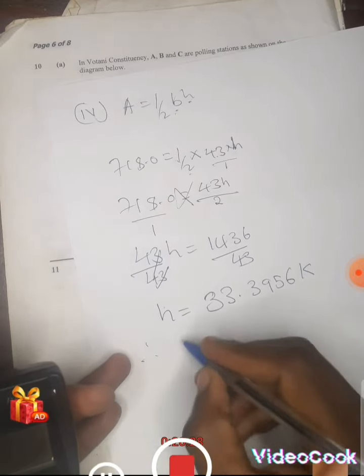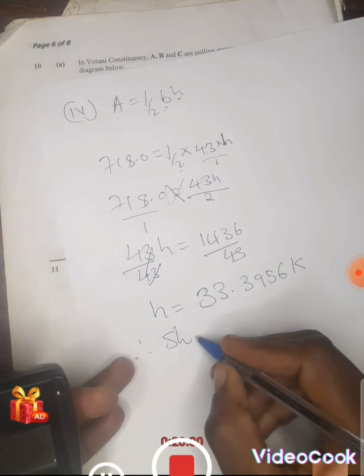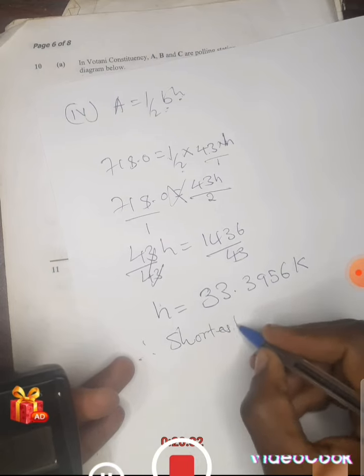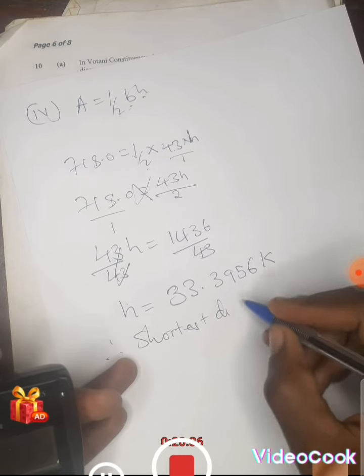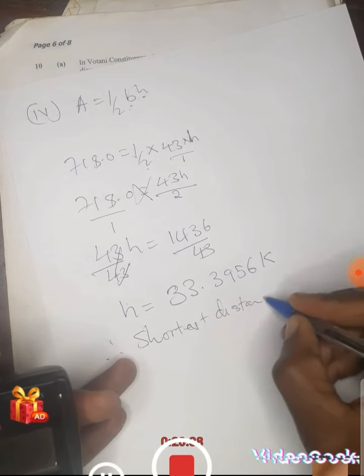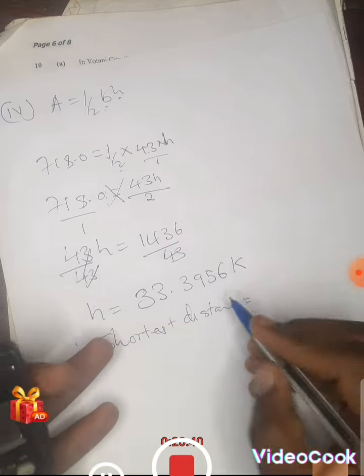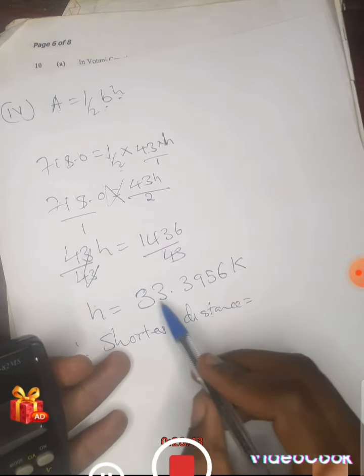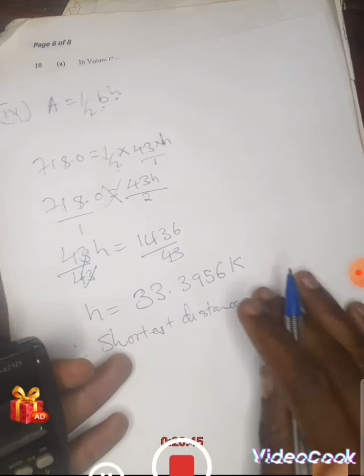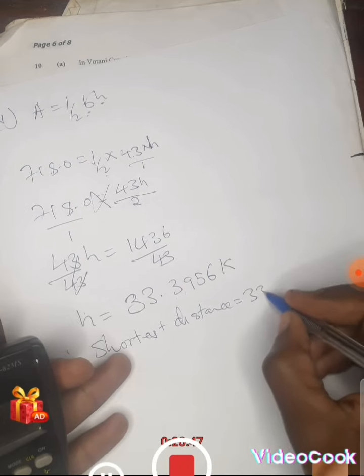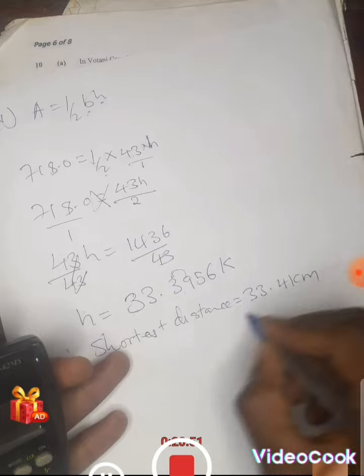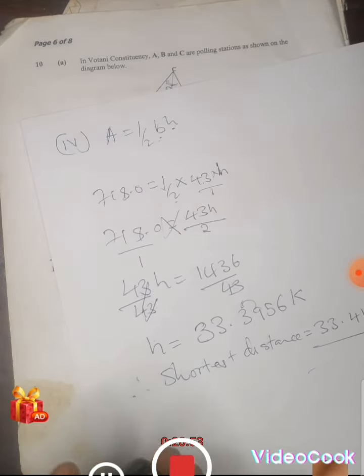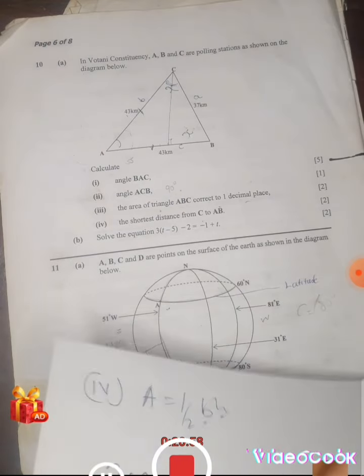So therefore the shortest distance is equal to, in 3 significant figures, 1, 2, 3, okay, so we have 3 point, you add 1 there, it becomes a 4, kilometers. Okay, the last part of this question was solving the equation.